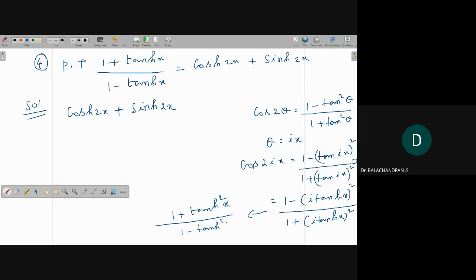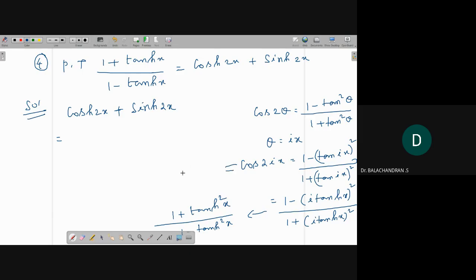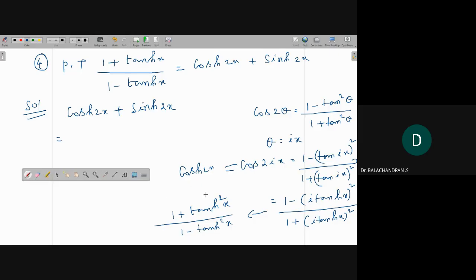Good. Okay. So what is the left hand side? Cos 2ix, which is cos h2x. So these two are equal.